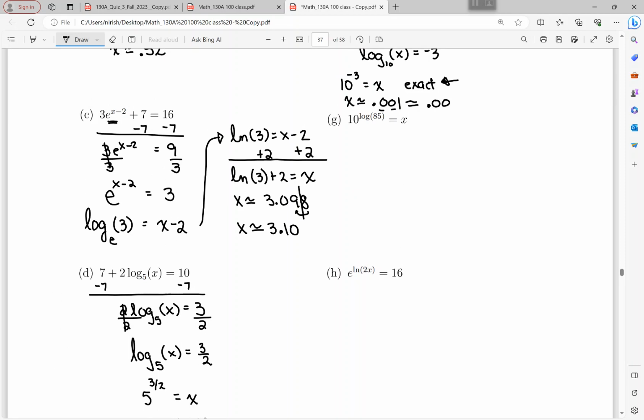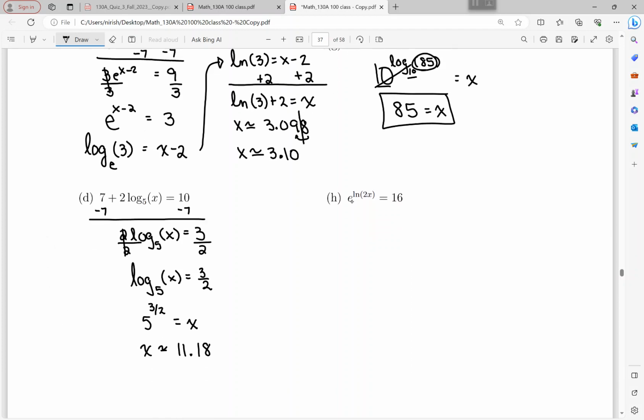I saved letter G and H for the end here because these are slightly different. This goes back to the cross-out property we were talking about earlier in this note packet. This is 10 raised to the log base 10 of 85 equals x. The bases are the same, so we did the cross out and said our answer was 85 equals x. And that is both our exact and our decimal approximation.